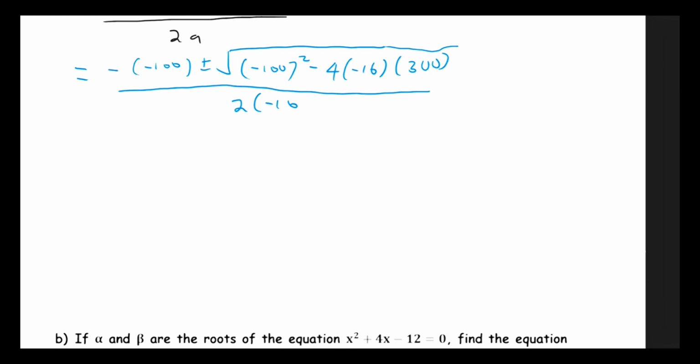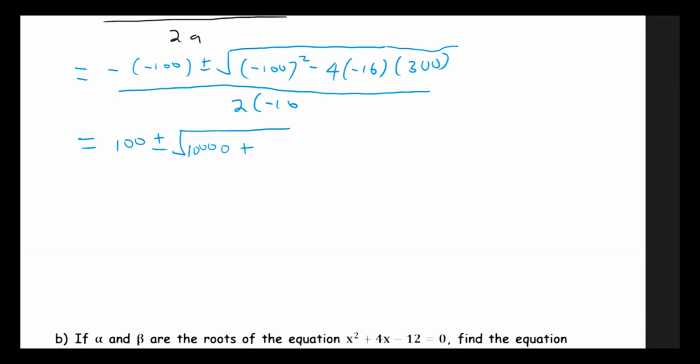So let us now simplify this expression. Minus minus will be plus. So we have positive 100 plus or minus, under the root we have 100 squared minus minus. If you simplify what is under the bracket, 100 squared is 10,000.